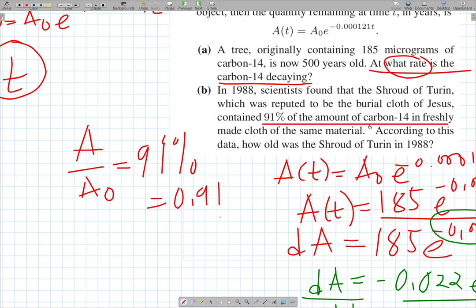Okay? Rate yan siya, no? Ano yung A natin? That is the amount of carbon-14 at any time T. And then AO is the initial amount of the carbon-14, which is 185 micrograms. Pero ang binigay dito, diretso na siya, class, 91%. So, ibig sabihin, ang A over AO is 91% or 0.91.